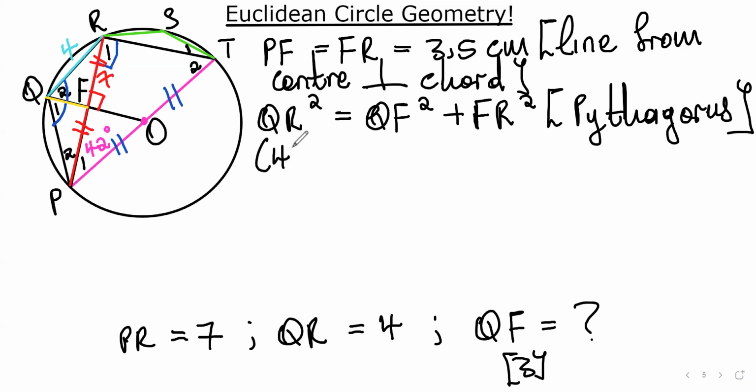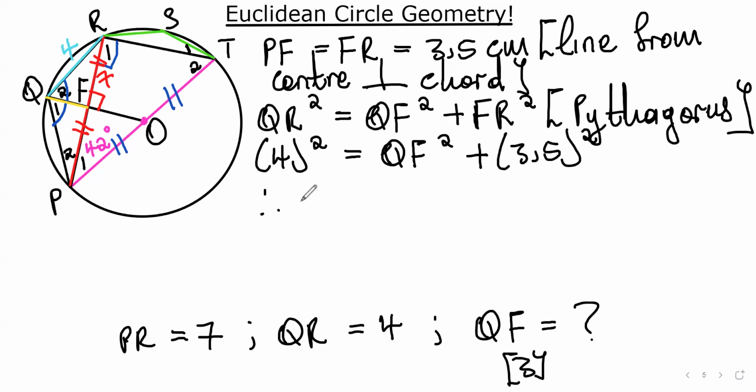Then now we can say, well, this means 4 squared must be equal to QF squared added to FR squared. So what's QF? Easy.